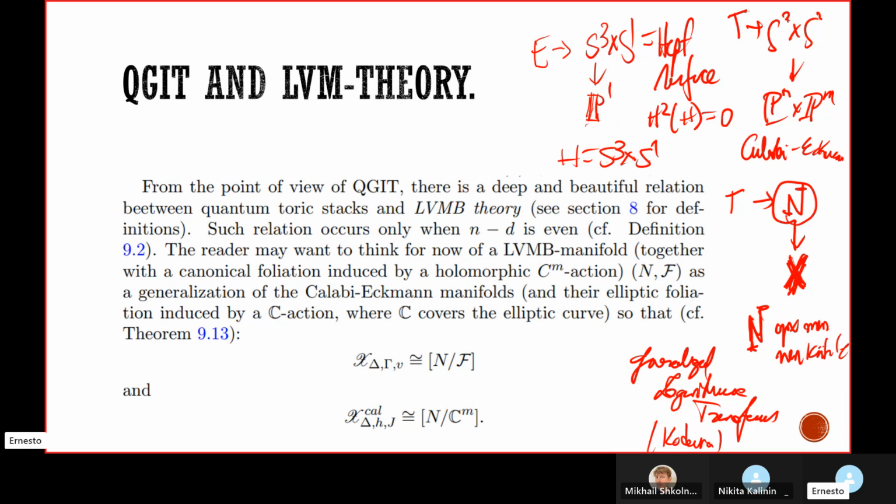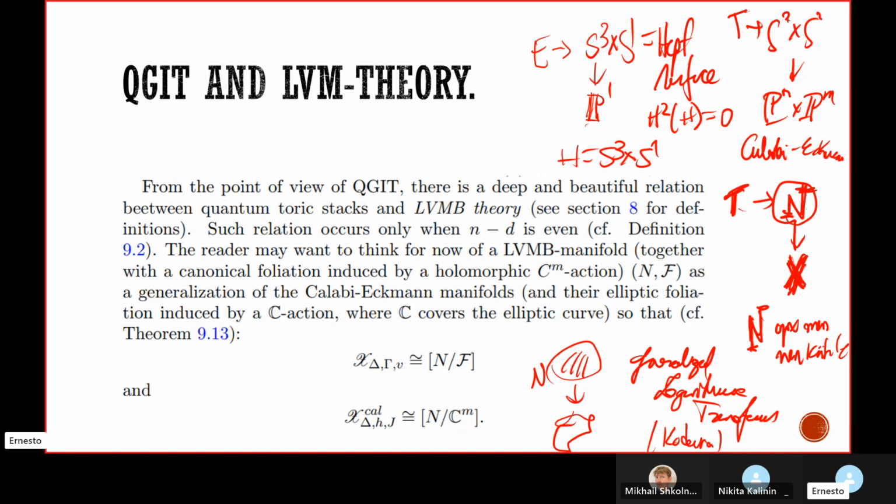Just for geometric intuition, here is the toric variety, here is N, and this can be thought of as being foliated by tori.